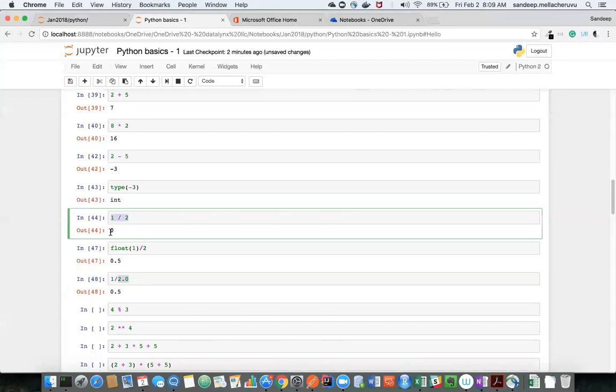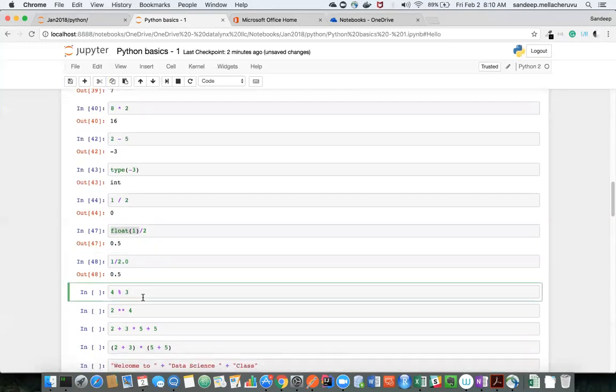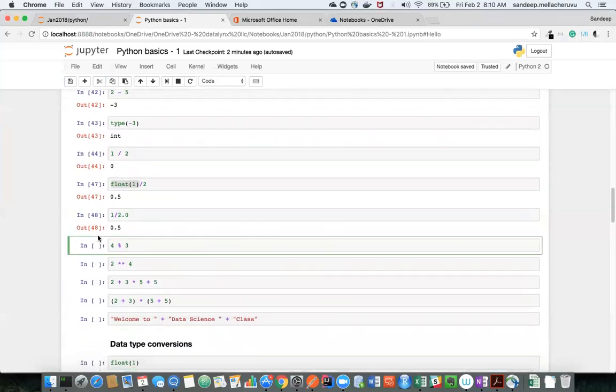That's why it could not give you 0.5. If you still want to use 1, but still get 0.5, that's where you should enclose it with float.